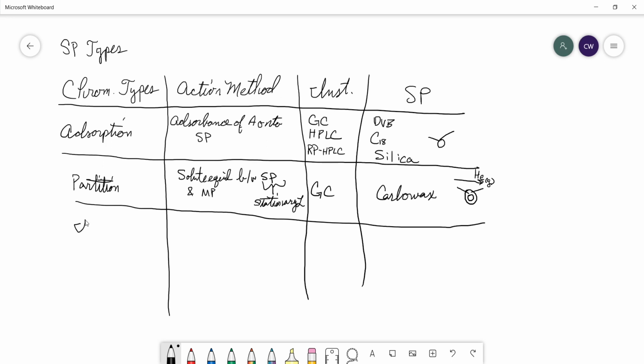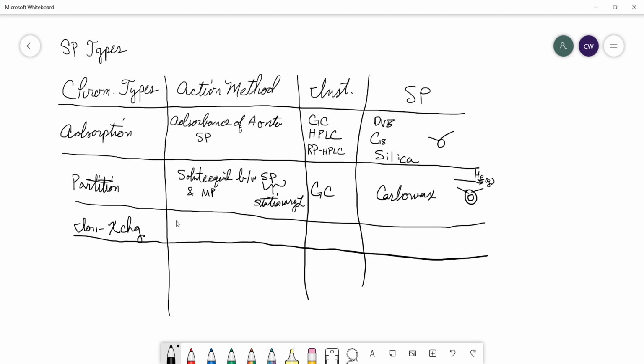Then we have ion exchange. You all have ion exchange stationary phase in your refrigerator or in your water filters.